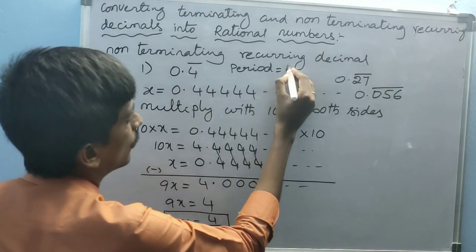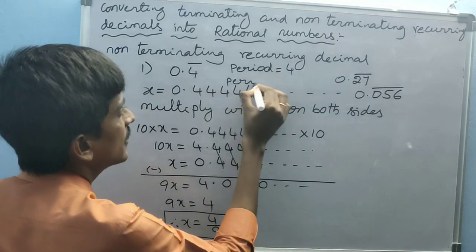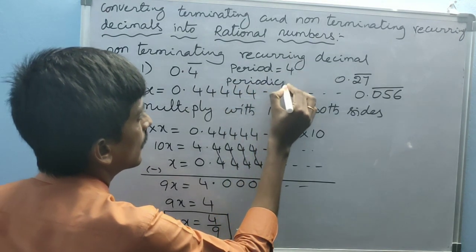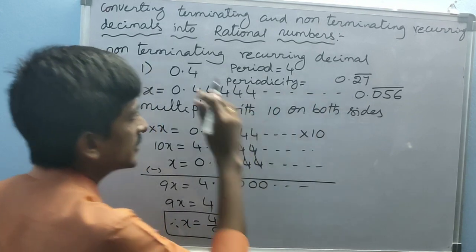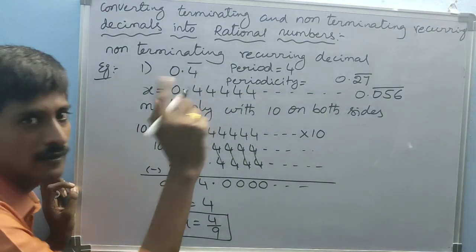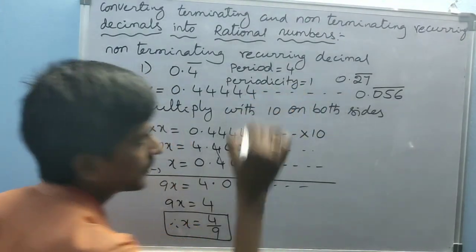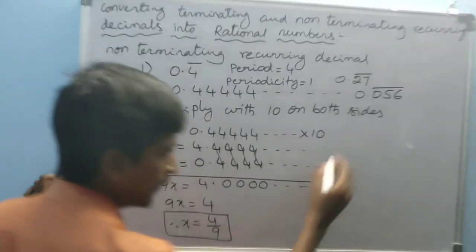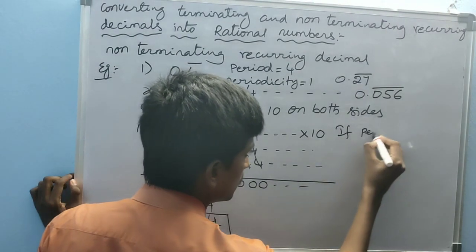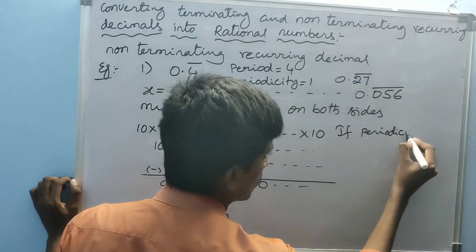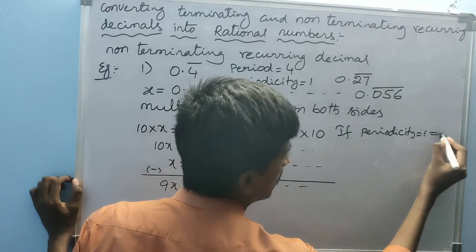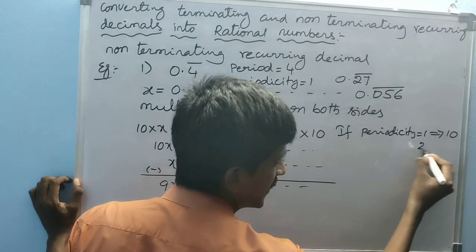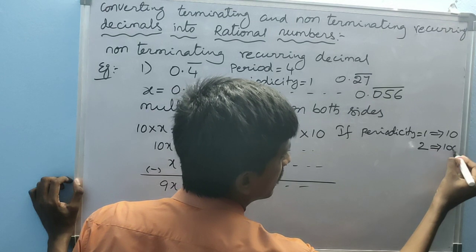Here, what is the period? Period equals 4. What is the periodicity? Periodicity means how many digits are under the bar. Only one digit, so periodicity equals 1. If periodicity equals 1, multiply with 10. If periodicity equals 2, multiply with 100.